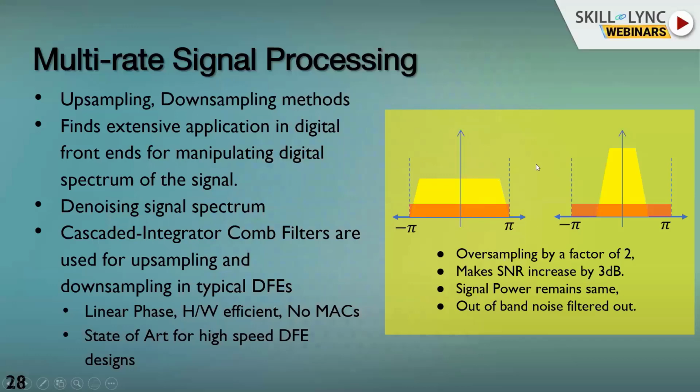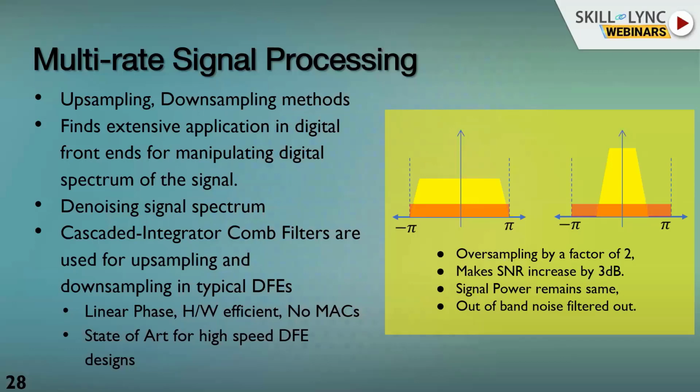Whereas if you would have oversampled the signal at 4 times the Nyquist rate, then the discrete spectrum will only span from minus pi by 2 to plus pi by 2, but the yellow area is the same because there is an FS term, the sampling frequency term, which is multiplied in your sample frequency response.